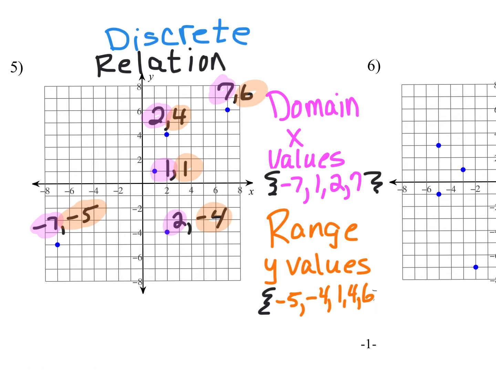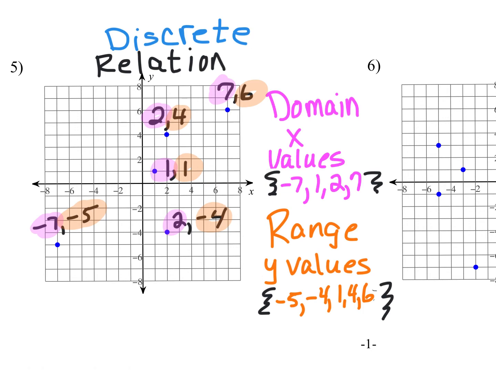To sum up, this is the method you use if it's discrete, which again means it's made up of those isolated coordinates. You take your x values and write them in order from least to greatest in between the curly braces for the domain. And for the range, you take your y values and write them in order from least to greatest in between the curly braces.